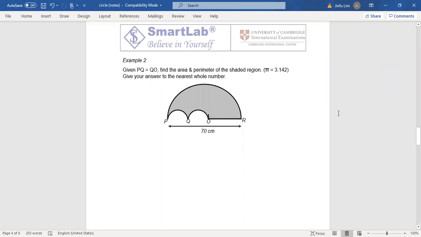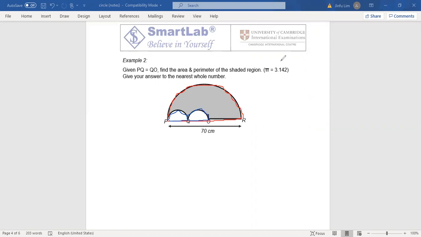For this example, we are supposed to find the area and perimeter of the shaded region. As you can see, this figure is made out of one big semicircle and 2 small semicircles, highlighted in blue.